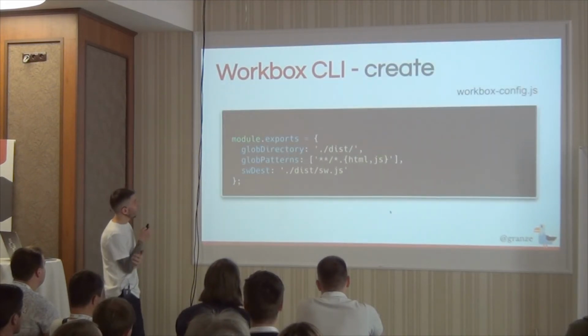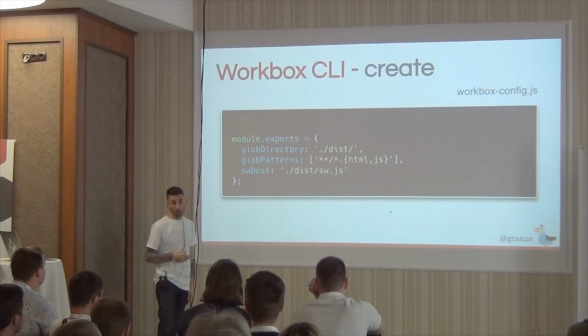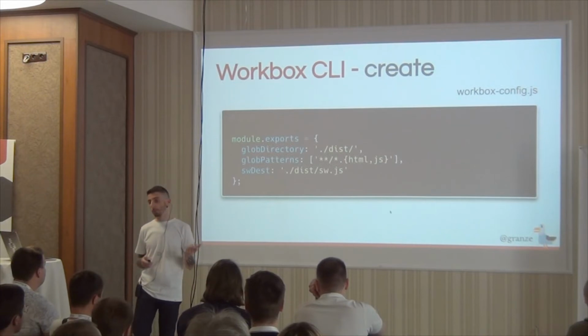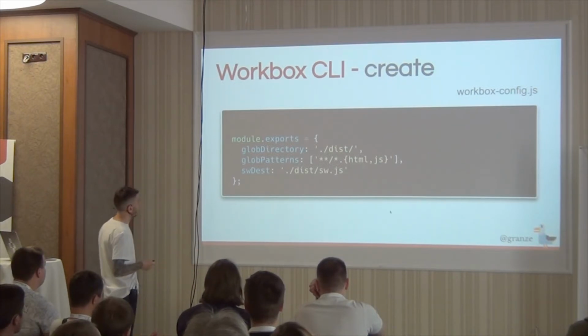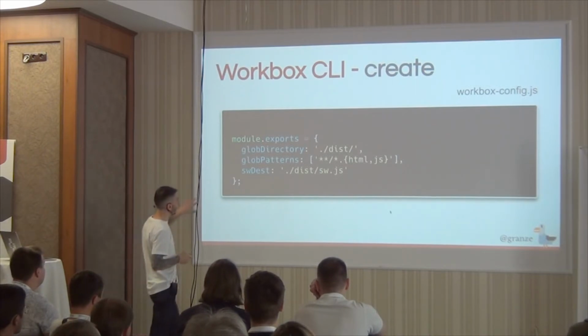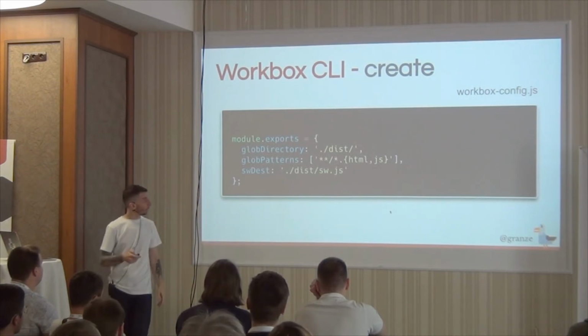So, there is another way to use Workbox, and it is the CLI. So we want just to add one line to our package.json to do the build. This is perfectly fine. We just need to create a workbox-config.js file to specify the same thing we specified in gulp, actually.